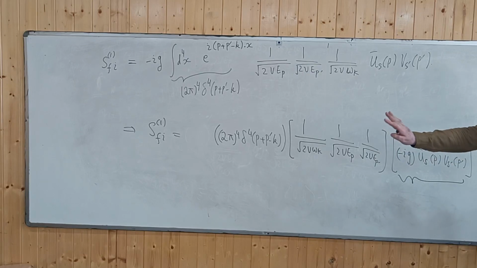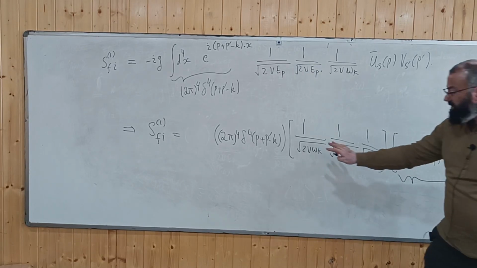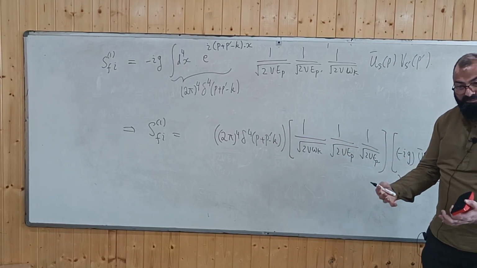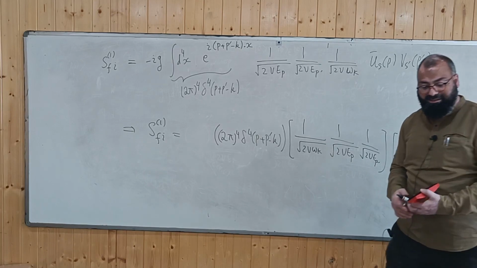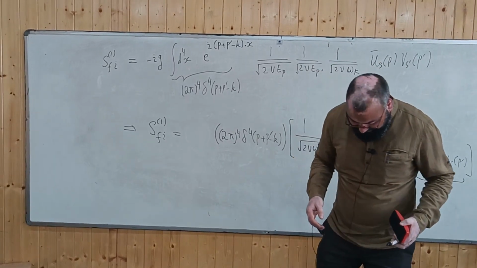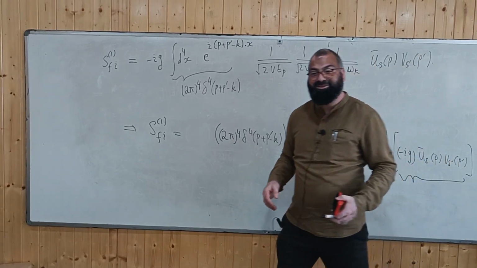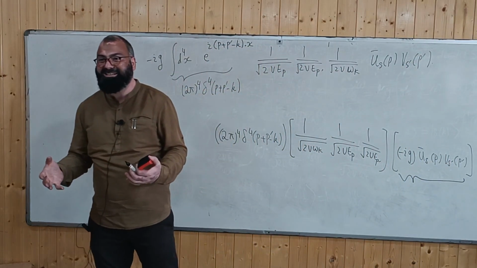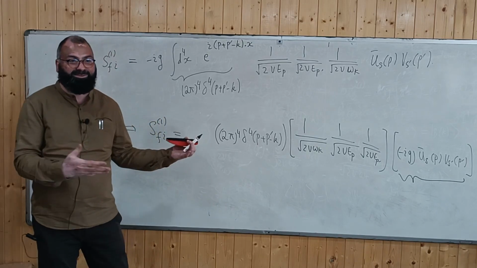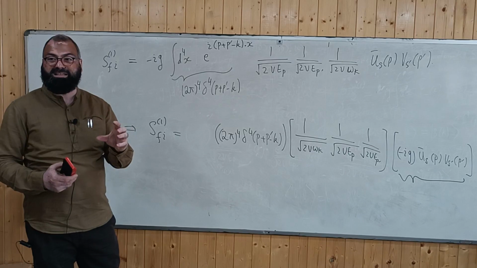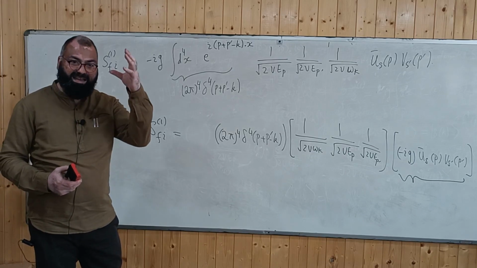So that means I can always write my scattering matrix S element as all these factors multiplied by the Feynman amplitude of the process. In other words, if you need to figure out the scattering element of a given process, you need to figure out the Feynman amplitude. If you know the Feynman amplitude, you know the scattering element, and the scattering element gives us directly the scattering cross section.